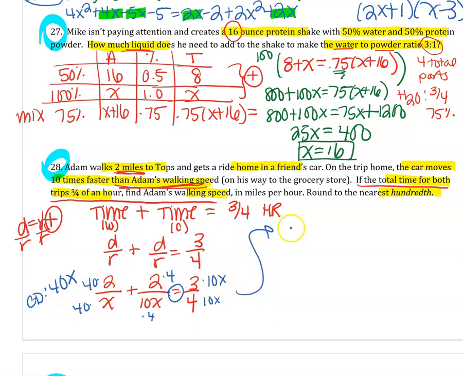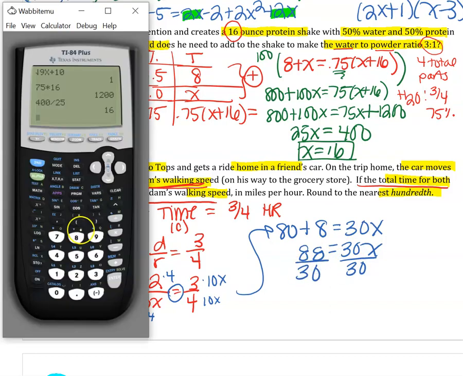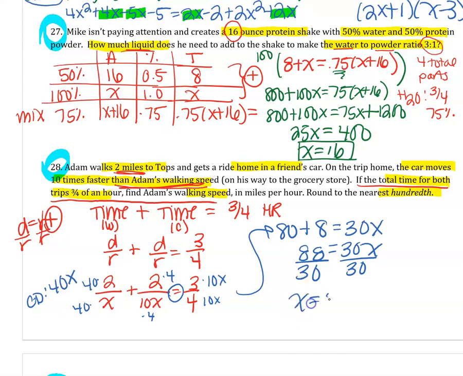So I have 2 times 40, which is 80, plus 8 equals 30x. 80 plus 8 is 88. On the other side, we have 30x. Divide by 30. So if I grab my calculator and do 88 divided by 30, my rounding direction makes sense because it says nearest hundredth, so 2.93 is our final answer.